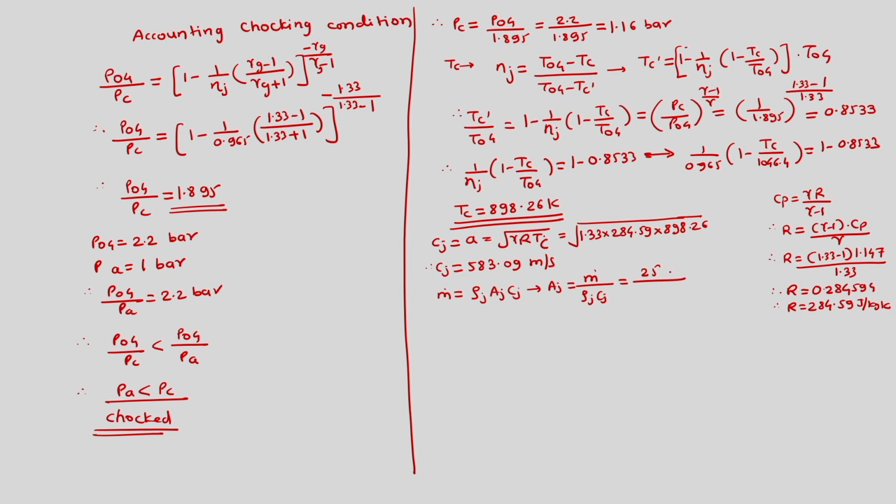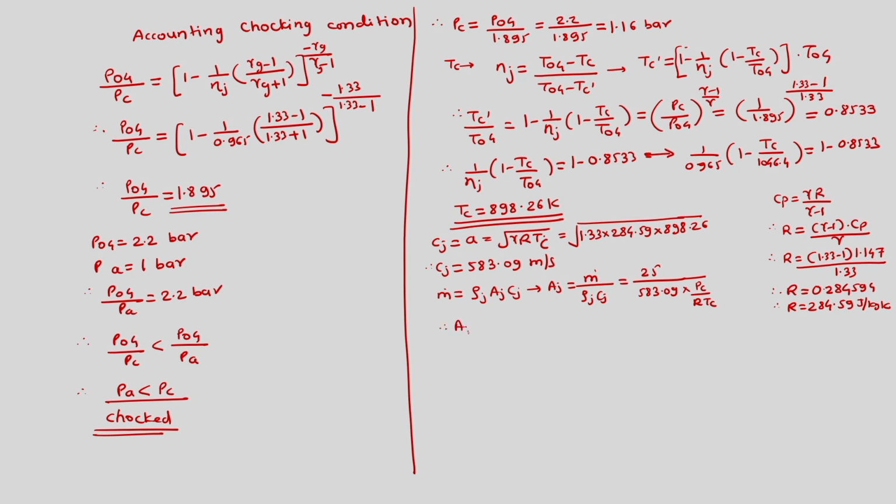M dot is given to us as 25, Cj we have calculated as 583.09, and rho j is basically Pc upon R Tc. We know Pc as 1.16 bar, Tc is 898, R is 284.